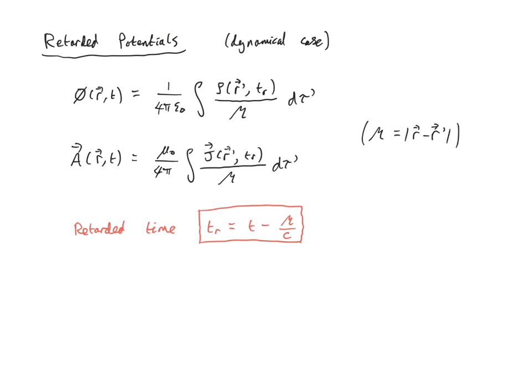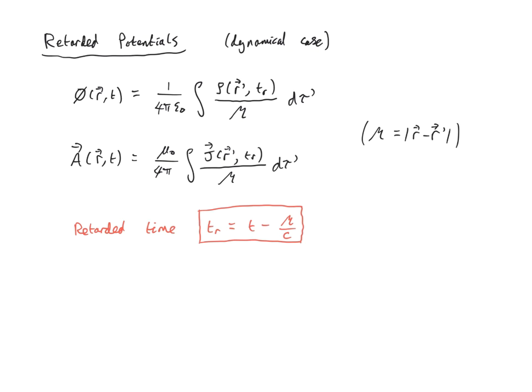I haven't actually proved that these retarded potentials are the solutions to the inhomogeneous wave equations, but you can just plug them in and show that they're satisfied. I won't do that, I'll leave that for you to try. It's a little bit complicated because you've got to remember that the retarded time is space-dependent.